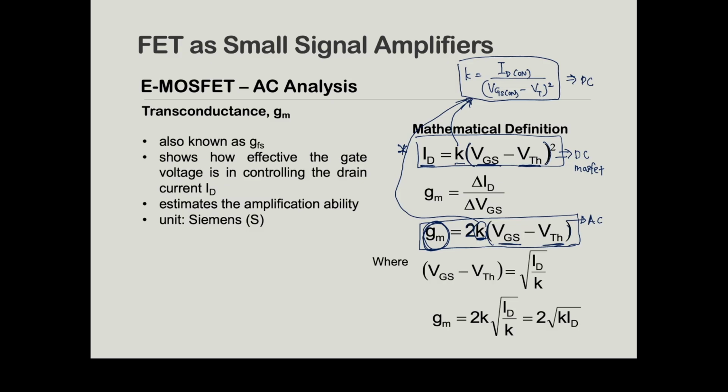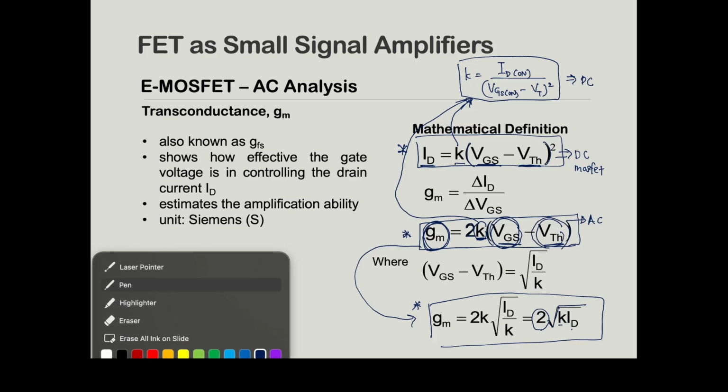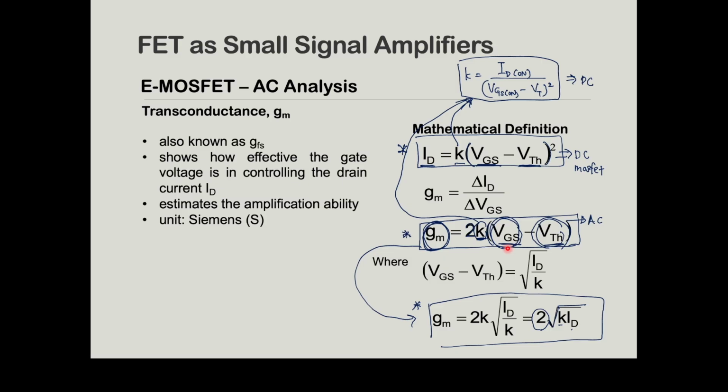Next, another formula for gm. Because sometimes the voltage is not given to you, we can rewrite the equation of gm to be gm equals 2 square root of K·ID. So you have two methods or two formulas to find gm: one uses the voltage, the difference between the voltage at gate and source minus the threshold voltage.